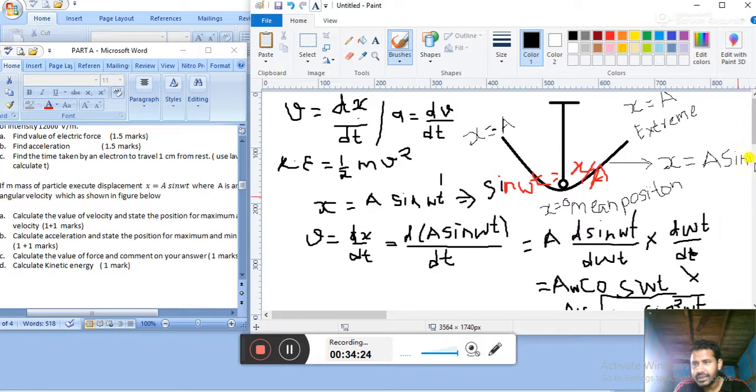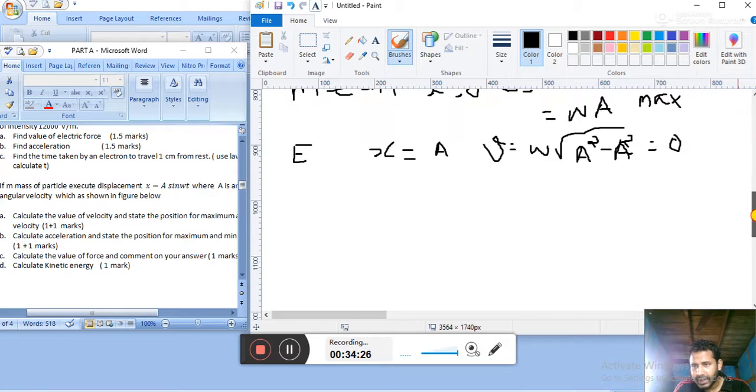Acceleration equals dv by dt. So I write a equals d of the velocity by dt, and the velocity is a omega cos omega t.